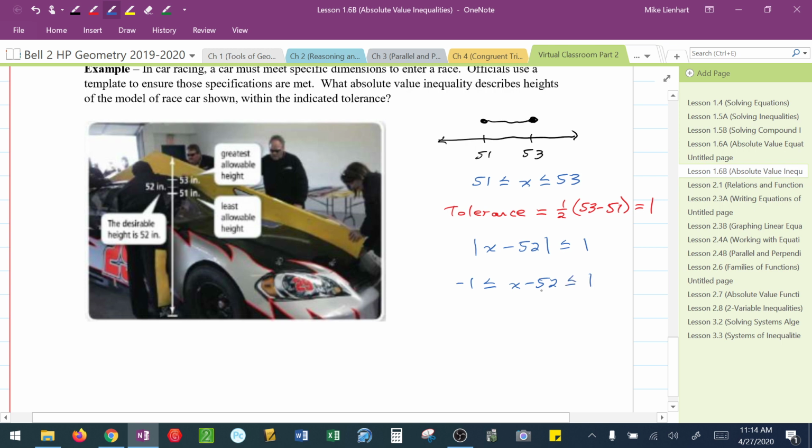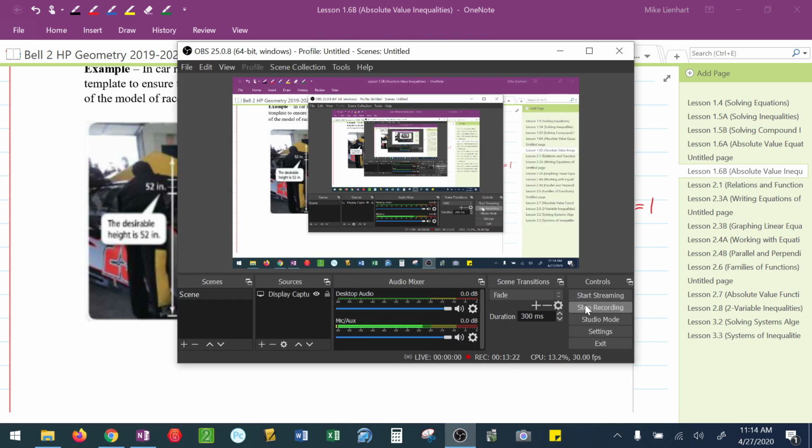If I add 52 over here, I get 51. If I add 52 to the right side, I get 53. And that was what we started with right here. Therefore, I know this would be my absolute value inequality. All right. Good luck. Let me know if you guys have any questions, and we'll go from there.